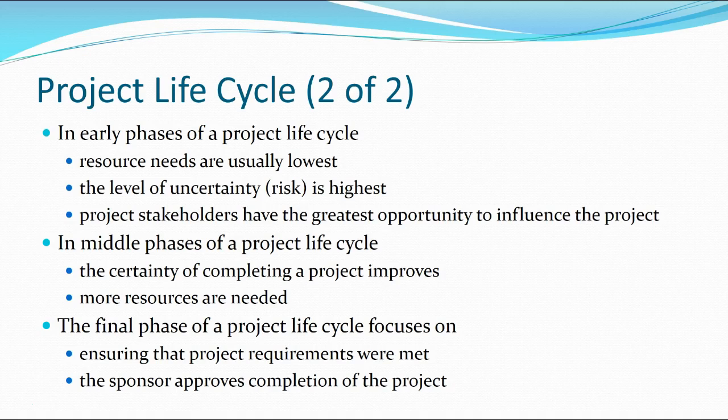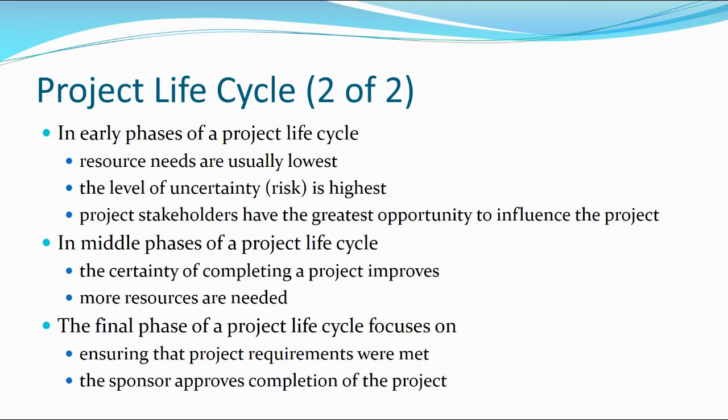So basically, when we start planning, the earlier phases of a project tend to have the greatest level of uncertainty and the lowest level of actual resources. This is where we plan. The more time, and probably budget, we spend planning, the more smoothly our execution phases tend to go.